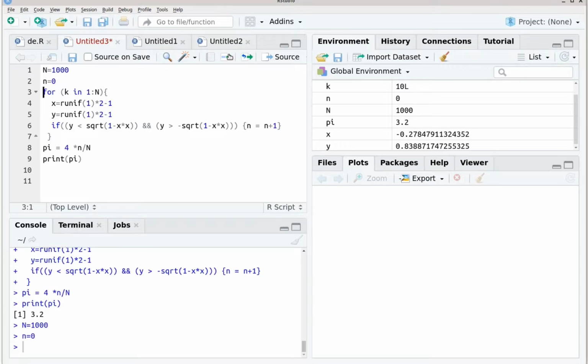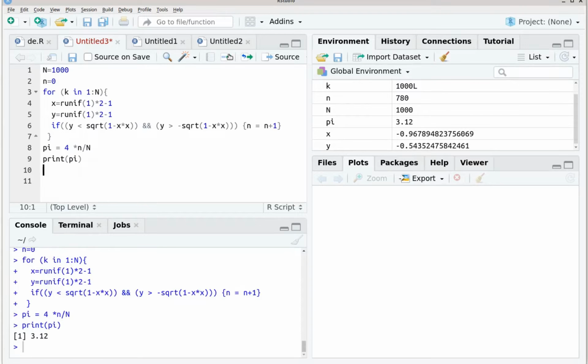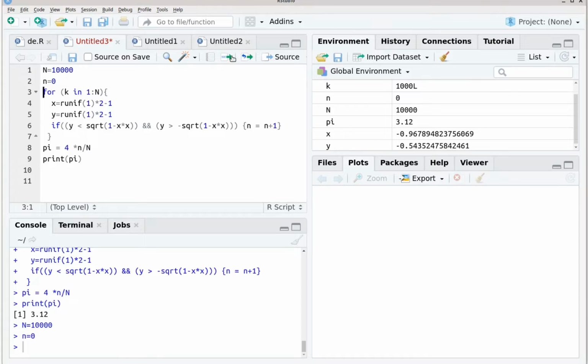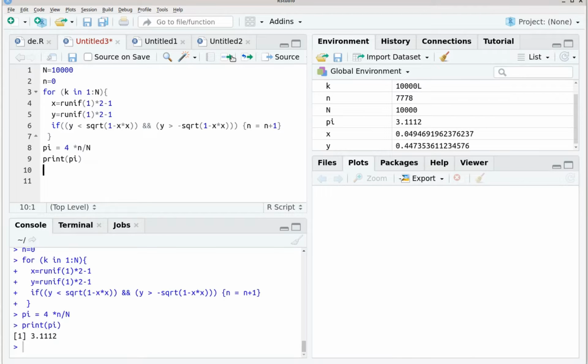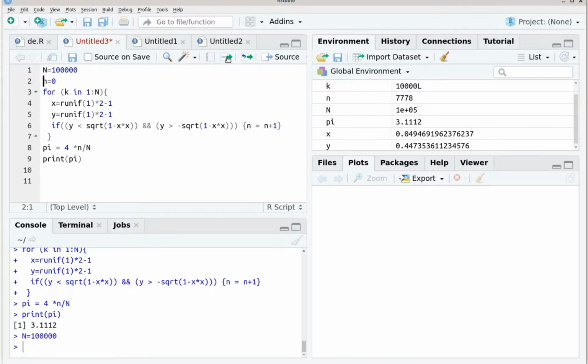Now pi is 3.12. We'll again increase the value. The more points we put, the more accurate the value will be. Similarly, when you have sufficiently large numbers, you will get the value of pi to the desired accuracy. By increasing, you can get the value of pi more accurately.